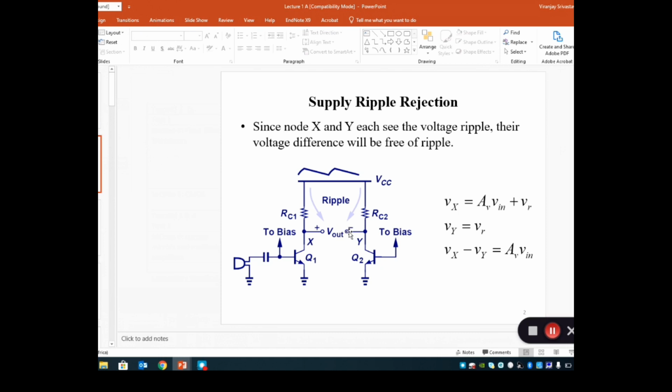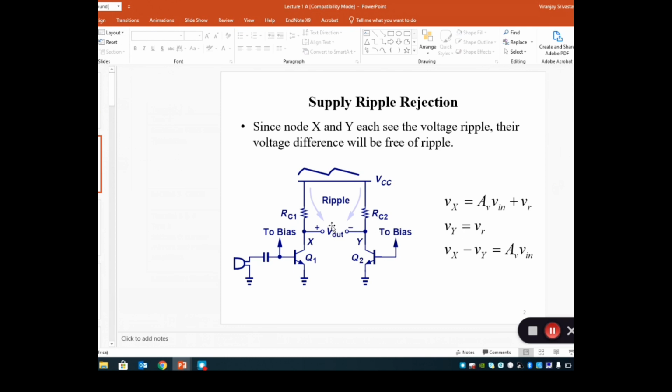We follow the same process at the output Y terminal, which has only biasing; there is no signal to amplify, so that term is zero, and the ripple coming through this terminal gives the value Vr. This Vr is the same as the other Vr, because VCC is only one and it is common to both terminals.